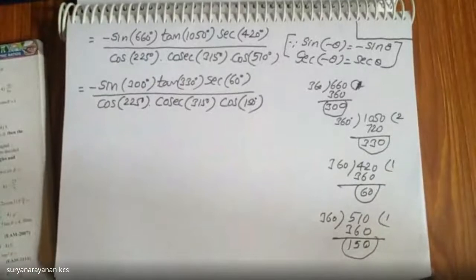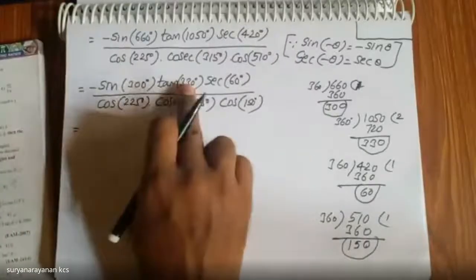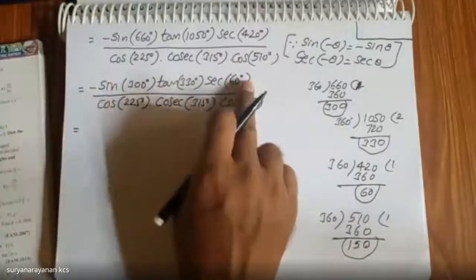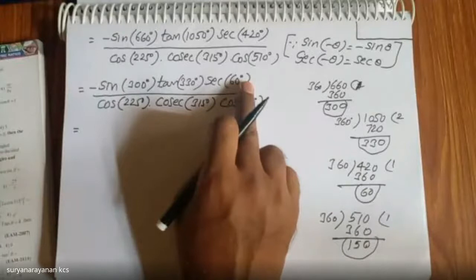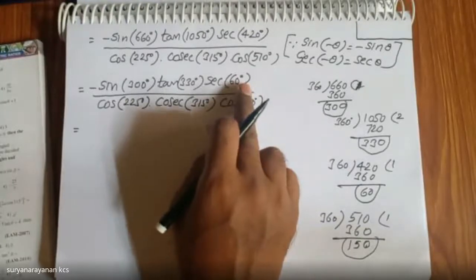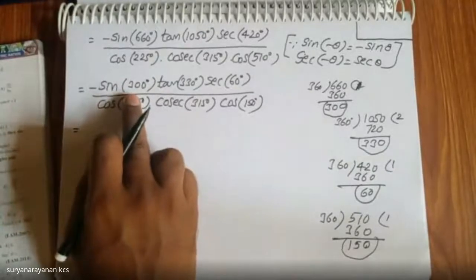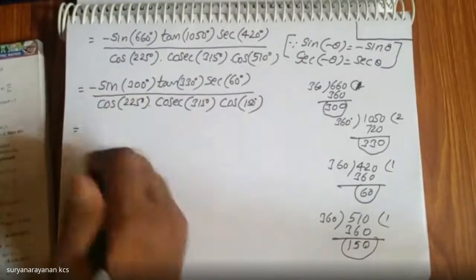Okay, my children. Now we convert these angles with the help of 30 degrees, 45 degrees, 60 degrees. How can we write this one? 360 minus 60. Can we write it or not?